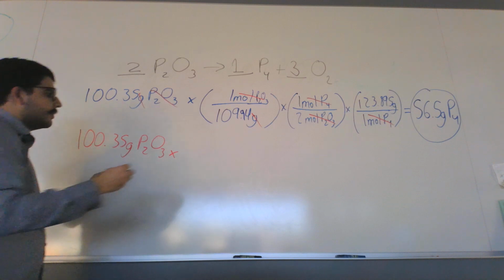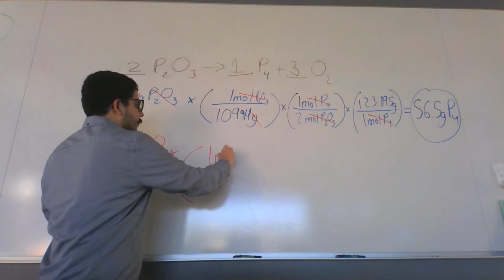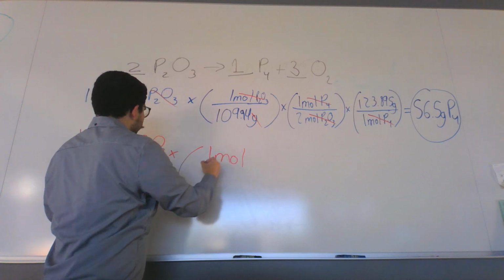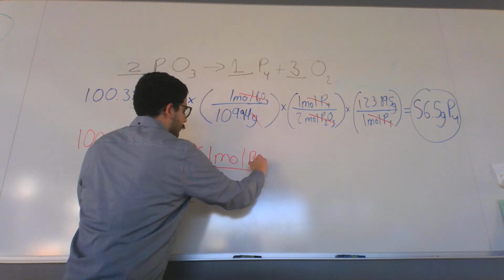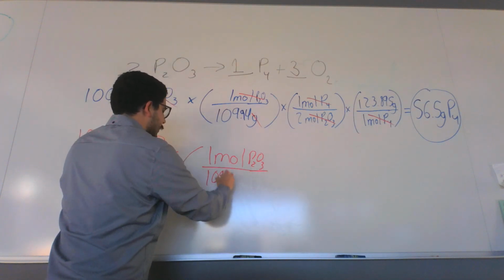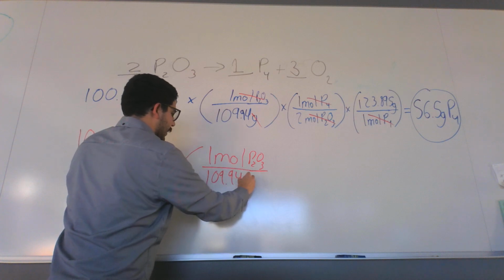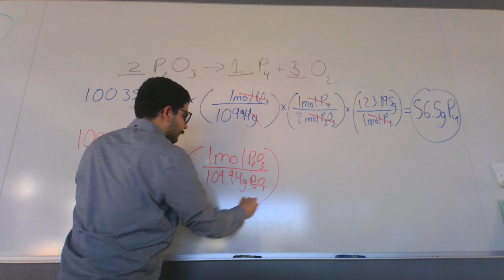It is a very similar process. We know that 1 mole of P2O3 is worth 109.94 grams of P2O3.